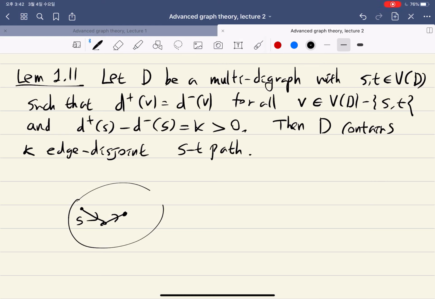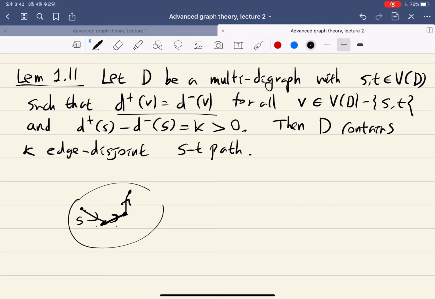But because of the condition that the in degree and out degree are the same, once you get in, there should be another edge which we never used to get out. So assuming we don't use the same edge twice, we should be able to keep going until we cannot anymore.